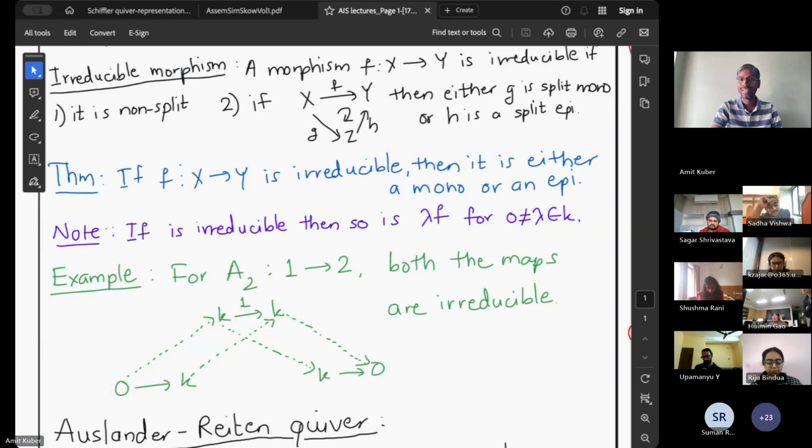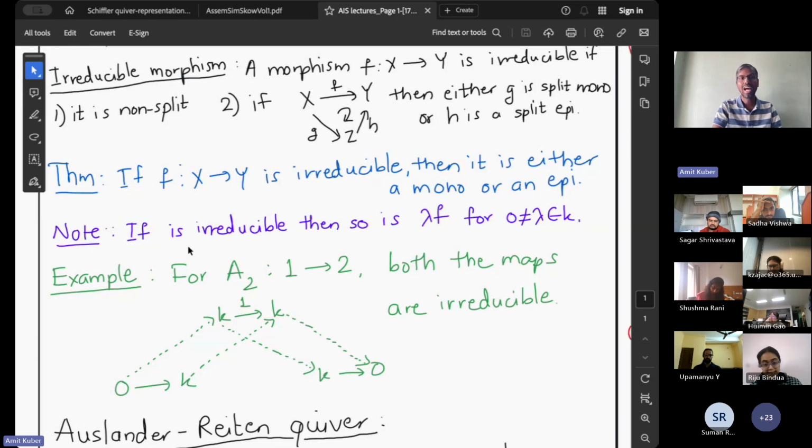Yes. You are talking about spaces, but I will say objects. Let's be more precise. We'll come back to that eventually. So if f is irreducible, then all non-zero scalar multiples of f are also irreducible.